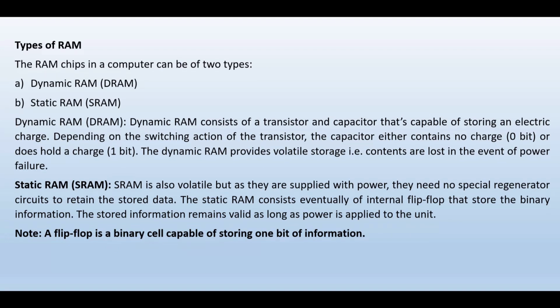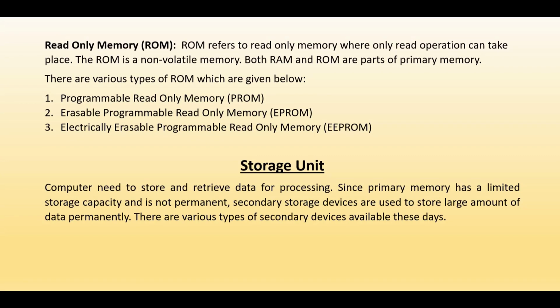Next point, read-only memory. First is random access memory and second is read-only memory, meaning ROM. ROM refers to read-only memory where only read operations can take place. That means you can read any type of data in this memory. The ROM is non-volatile, that means its data will not be erased when the power goes off, that is, when power fails.